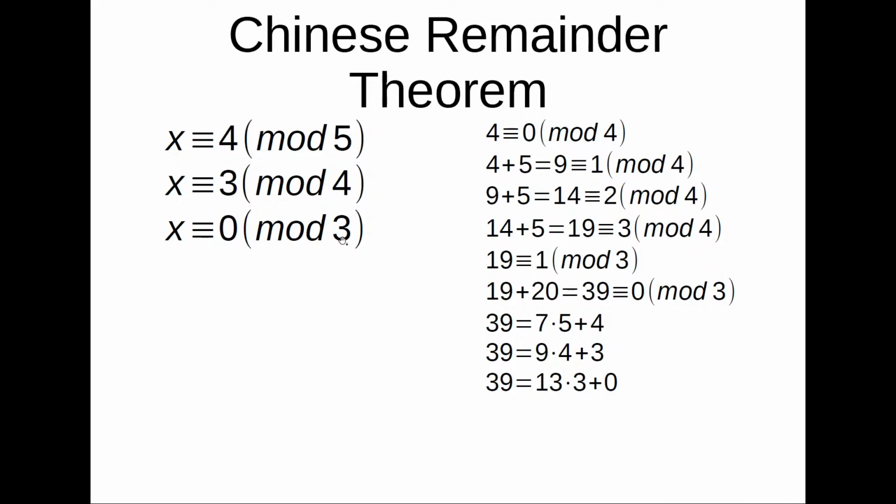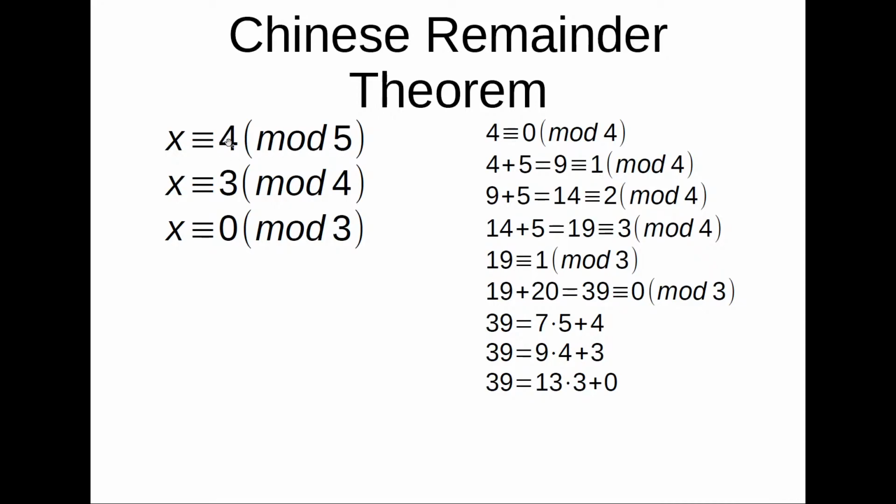And when you divide it by 3, you get nothing as the remainder. So the first numbers you have to find are all the numbers which are congruent to 4 mod 5, or when you divide it by 5, you get 4 as the remainder.